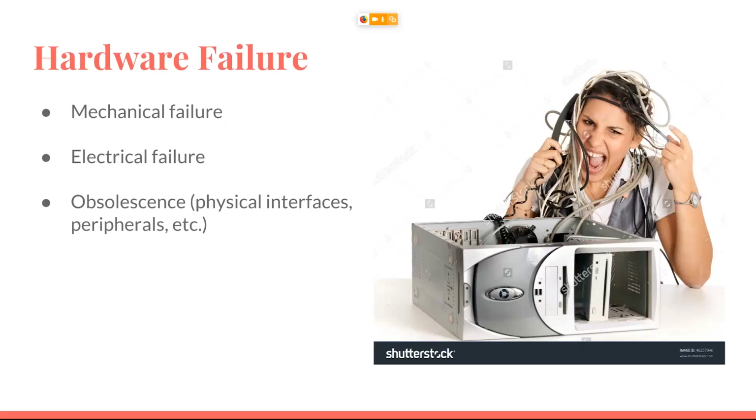So that's the large category of possible failure to plan for: the physical aspects of digital storage, which is computers and drives, et cetera. And obsolescence around hardware is a big concern as well, given the rapid pace of development of computer technology.